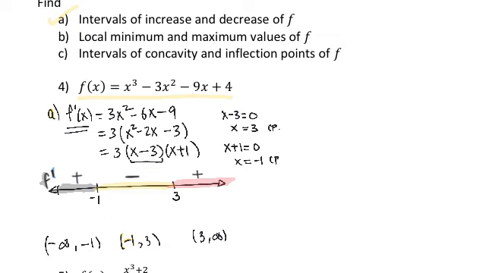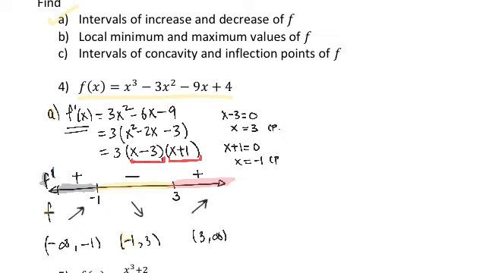If you like the way we did it with position and velocity problems, thinking of the sign of these two factors and then the sign of the product, you can do it that way as well. Now that we know the sign of f prime, it's easy to understand where f is increasing or decreasing: f will be increasing whenever f prime is positive, decreasing when f prime is negative, and increasing again here because f prime is positive.